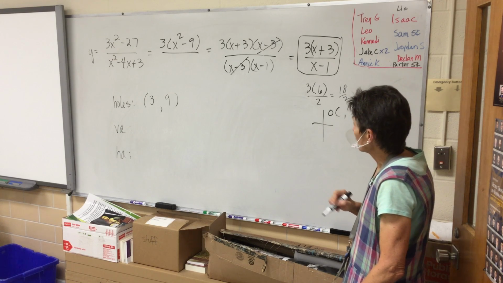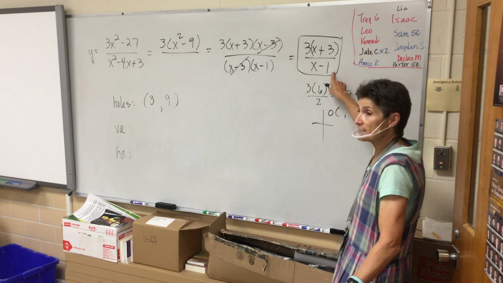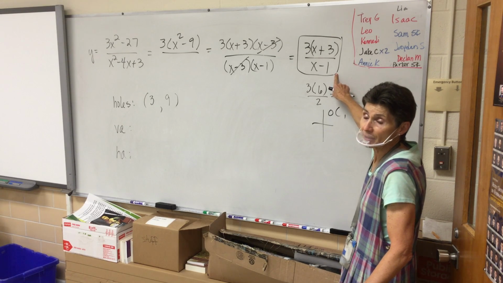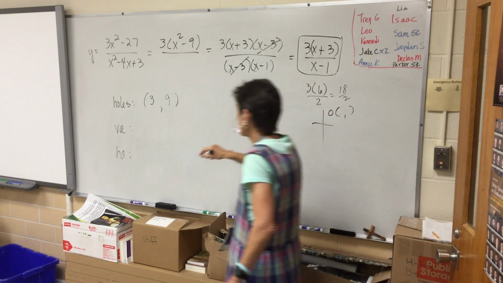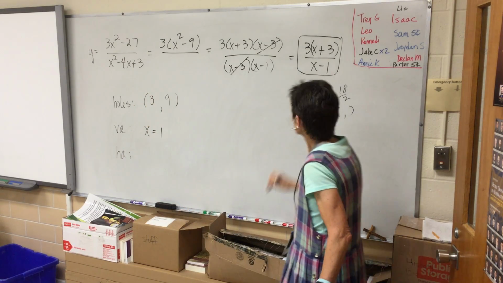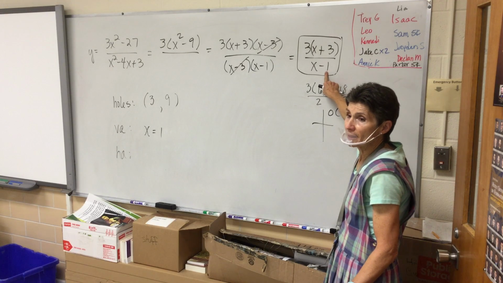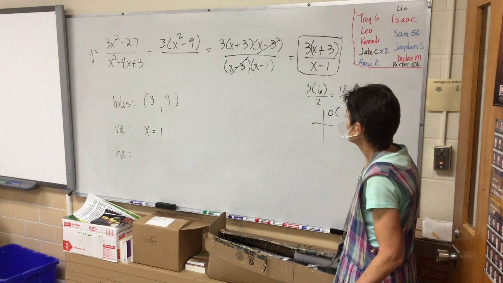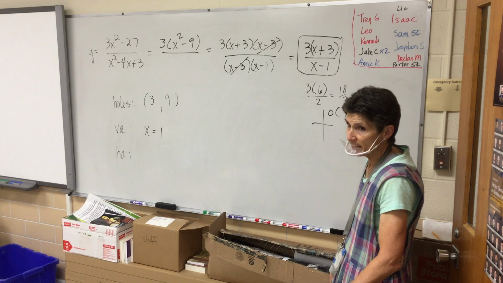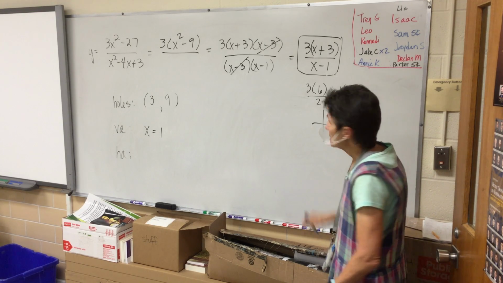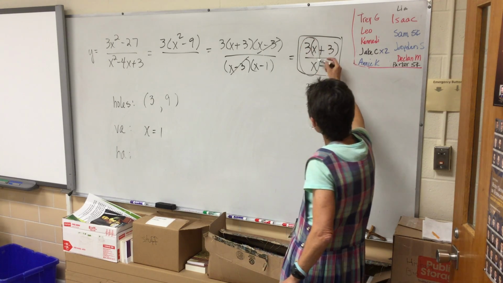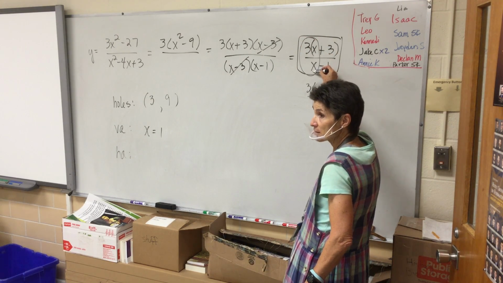All right. Now, what about asymptotes? Look at this now. This is our problem now. Is there anything x cannot be? 1. So your vertical asymptote is 1. Straight from the denominator. Now, how do we get horizontals? We box them in. So you can do it here. If we box in our x's, that would be 3x over x.